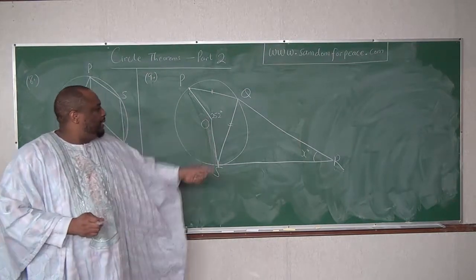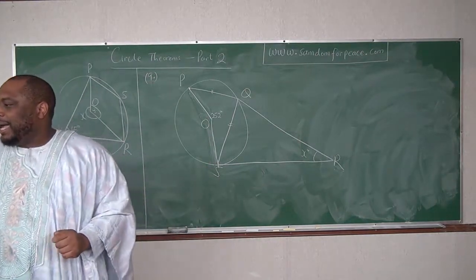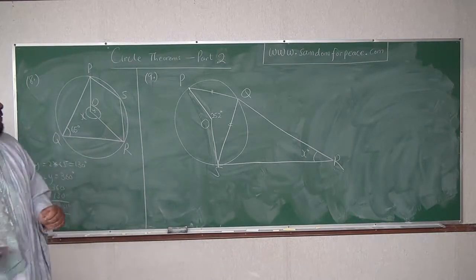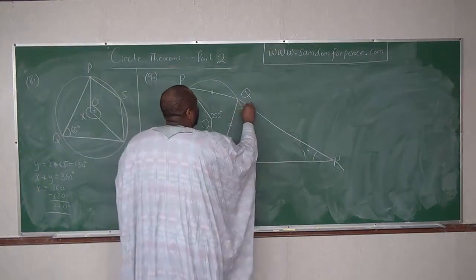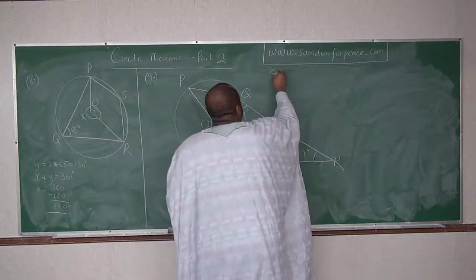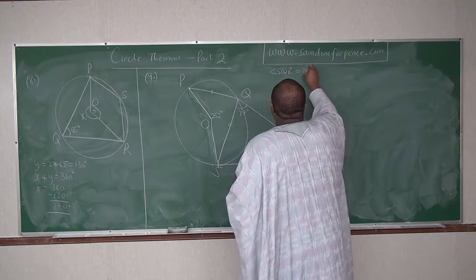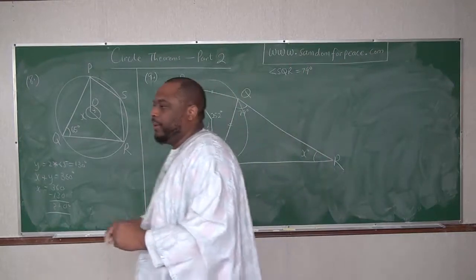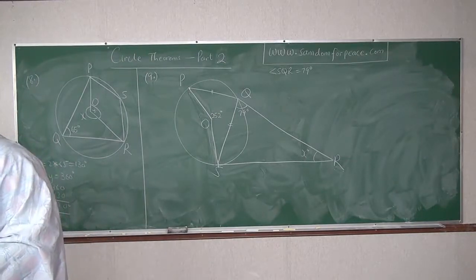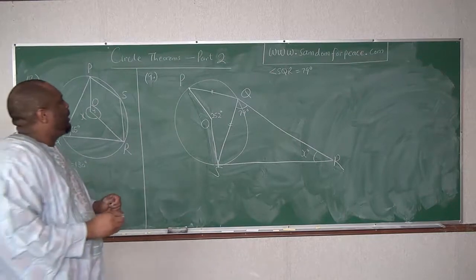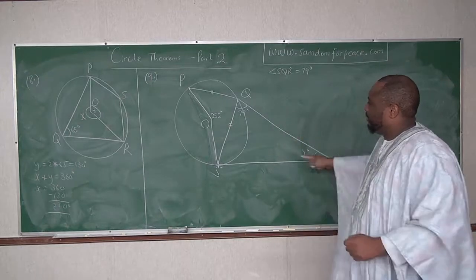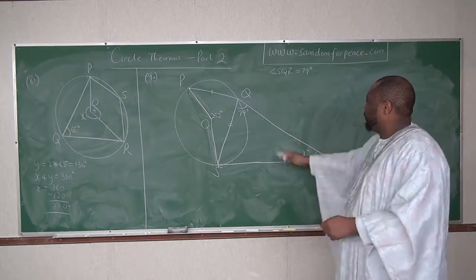And angle SQR is 79 degrees, although you didn't put it in the diagram. Calculate the size of angle QRS, which is X. Find X.